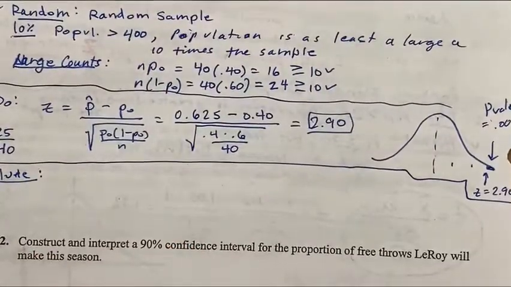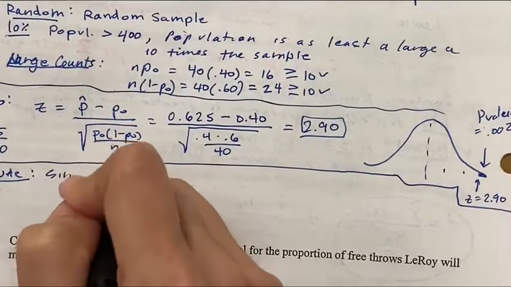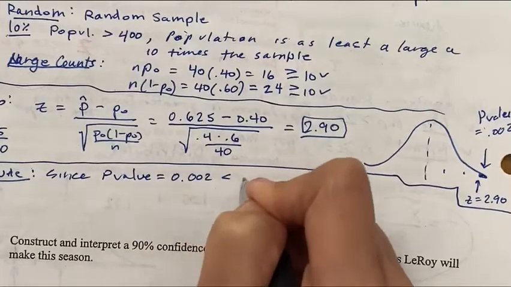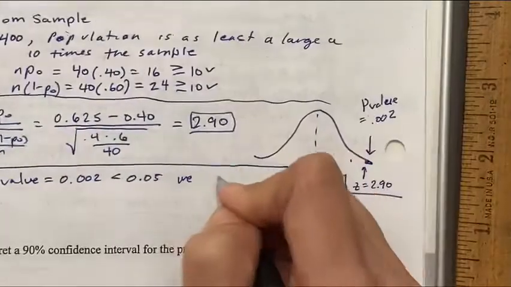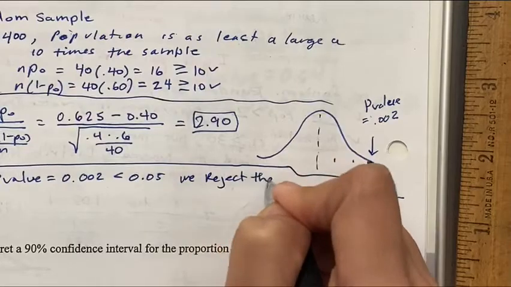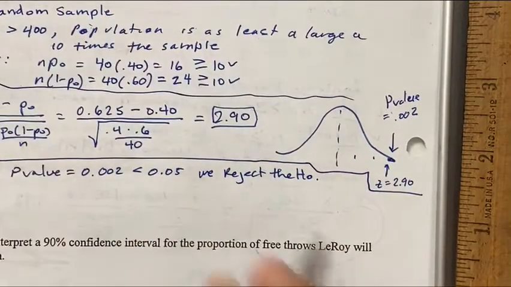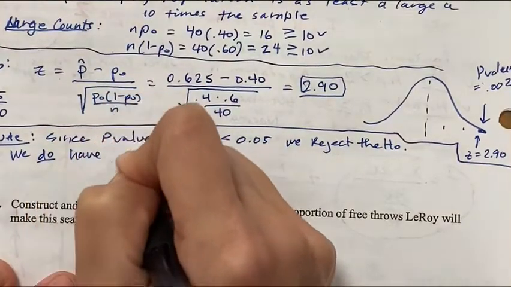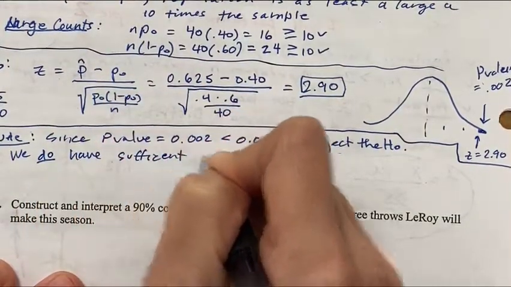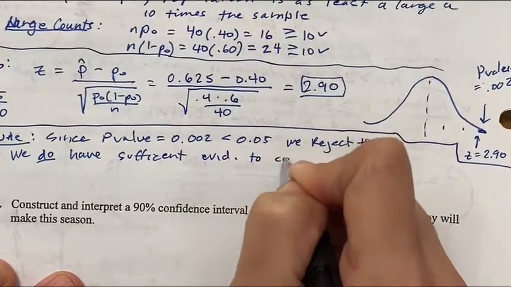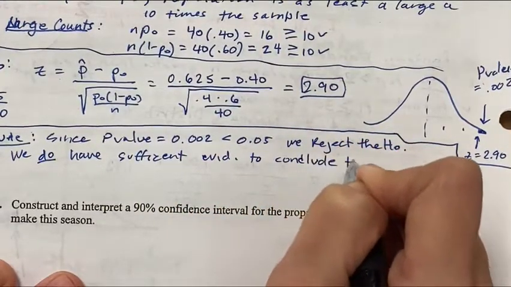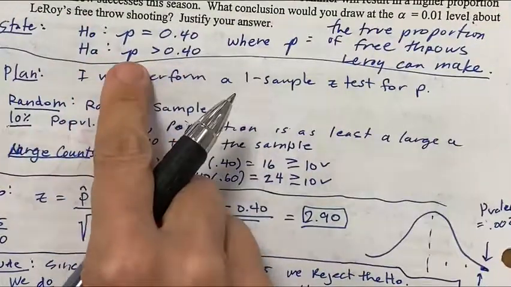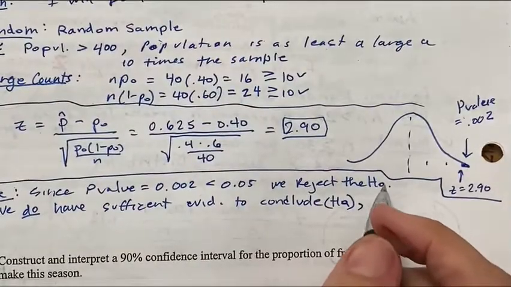right? Since the p-value is less than 0.05, we reject the null hypothesis. Right? We do have sufficient evidence to conclude H sub A. We must say what H sub A is to conclude that the proportion of his shots is greater than 0.40.